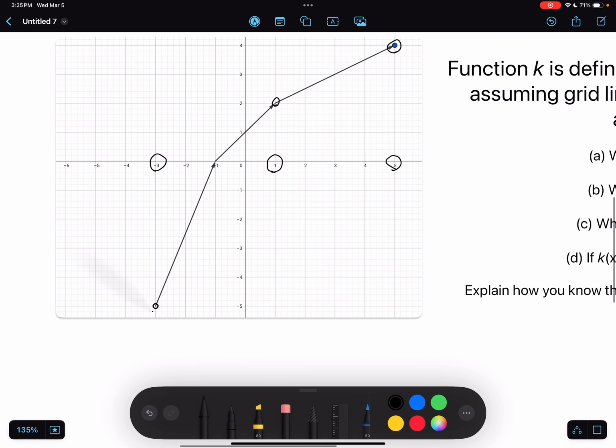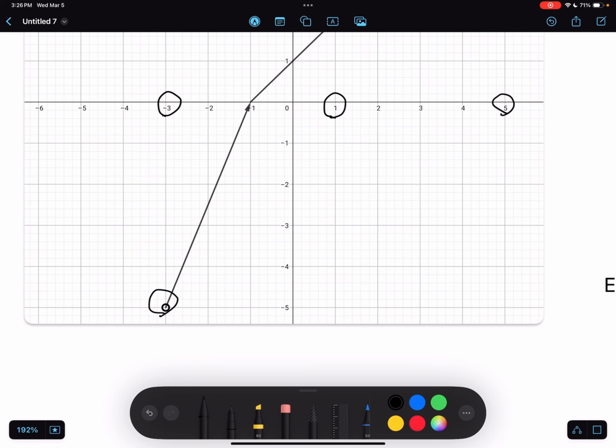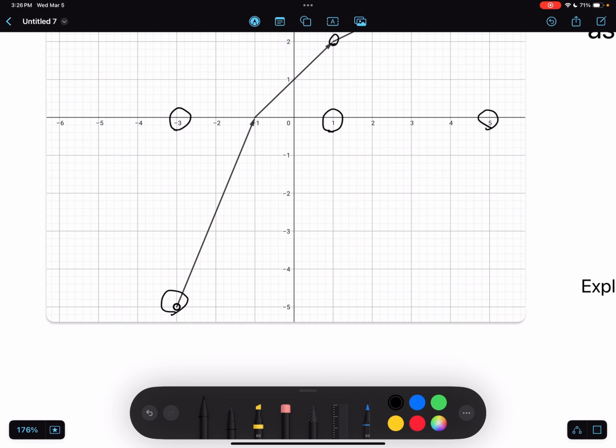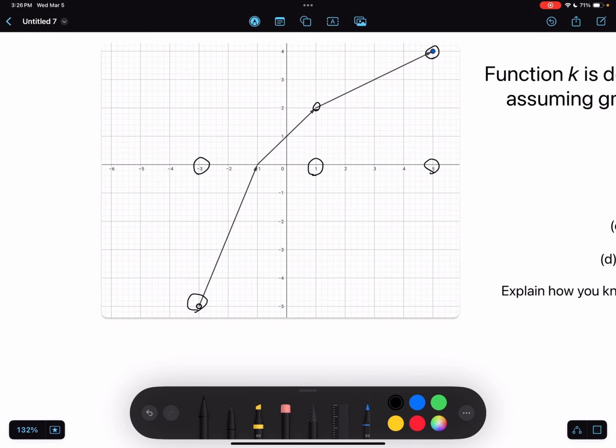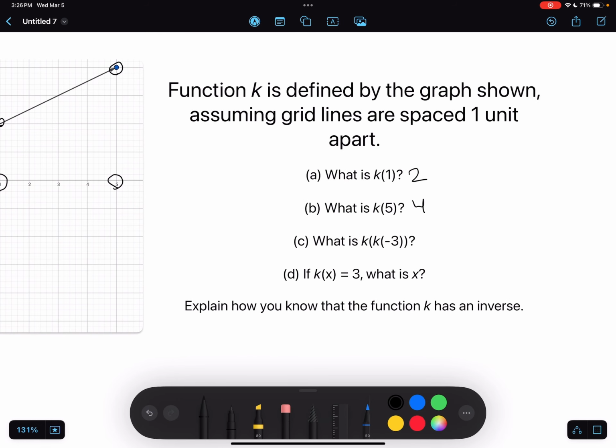But we notice that this is not a valid point within the definition of function k because this is an open circle, meaning this point is not included. So this inner part is undefined, and of course k of undefined is just undefined. We don't have an answer for that, because it's not within the bounds of the function.